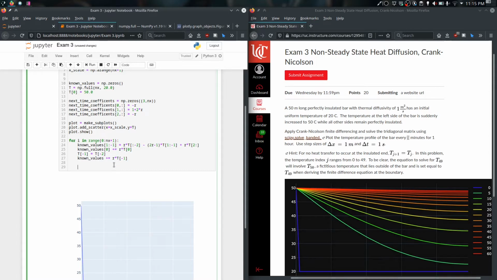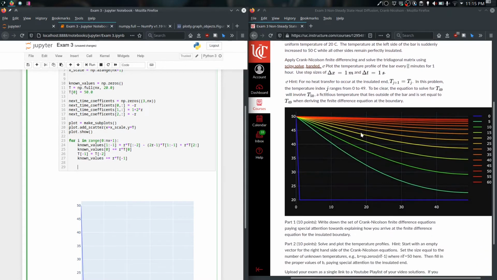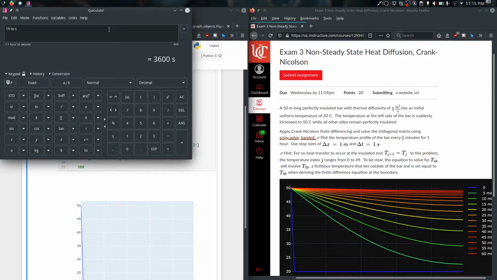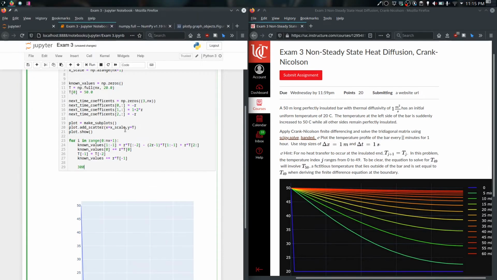I'm still going to plot these, so it's every 5 minutes, in seconds. I believe it's 300s. Again, I should double check, because never trust yourself to do mental math, because you make mistakes. There you go. Yeah, it's 300s.